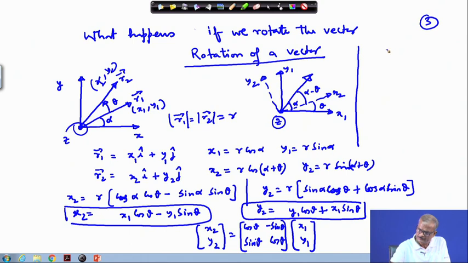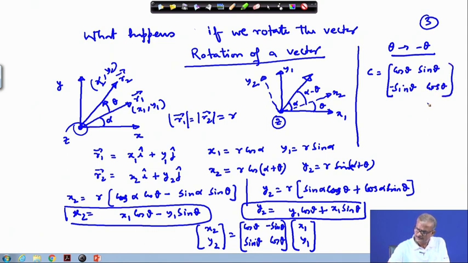So if you want to write in terms of the vector notation, you have to replace theta by minus theta in the frame rotation equation. For the frame rotation equation, your C matrix, the rotation matrix, was cos theta, sin theta, minus sin theta and cos theta.